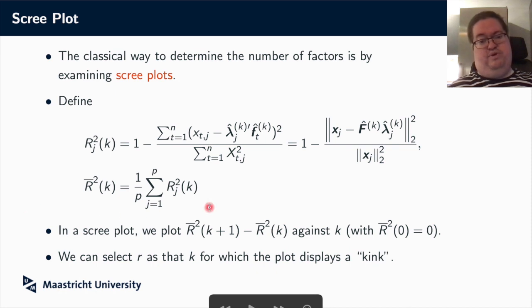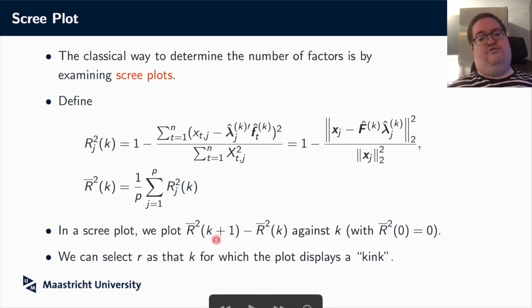What you then do is you plot this average against the number of factors, and in particular what we do is we plot how r squared evolves if we add another factor. So we plot the difference between adding k plus 1 factors and k factors.